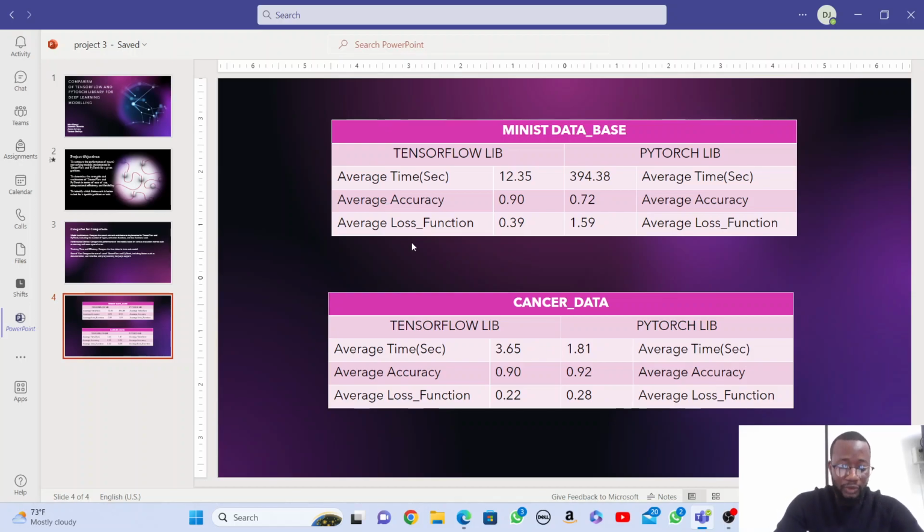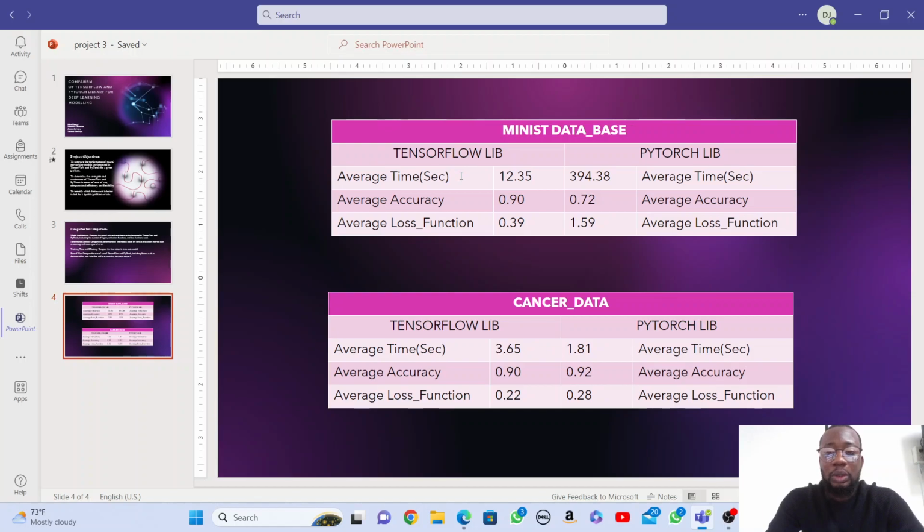The accuracy helps us predict the correct output for every given input, and the loss helps us see if our prediction is closer to the target value.